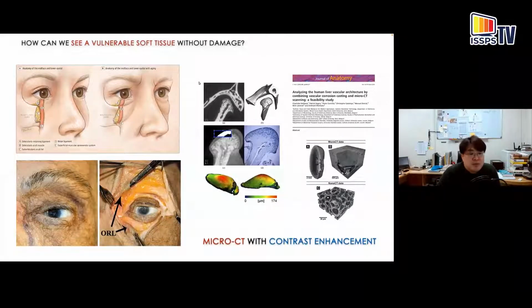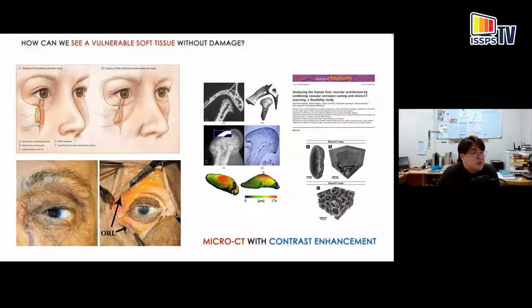As a kind of CT tool, micro-CT has all the conventional CT's advantages, but mostly it has been used only for hard tissue observation because soft tissue has very low contrast in CT, so it is not detectable.